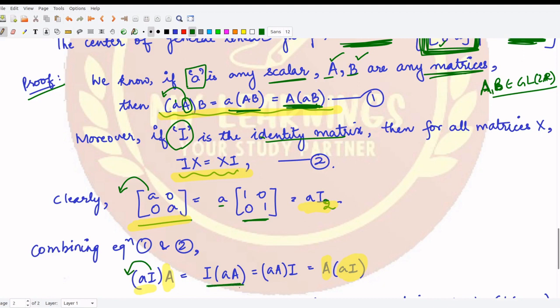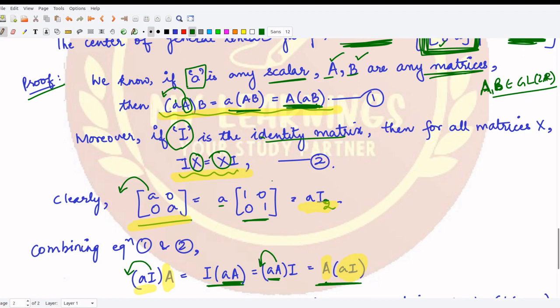So this is the result. Now because I is the identity matrix, it commutes with all the other matrices using our property 2. So it would commute with A as well. So it would be written as A into I, correct? Now again using the first property, this A could be taken outside, so it would be this. And we wanted to prove just this thing.